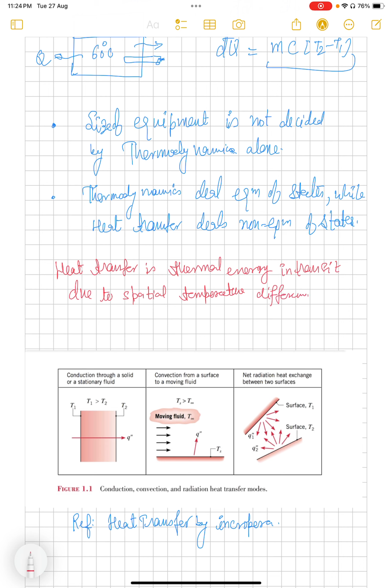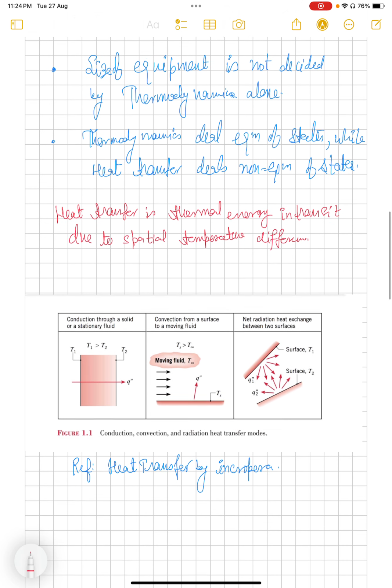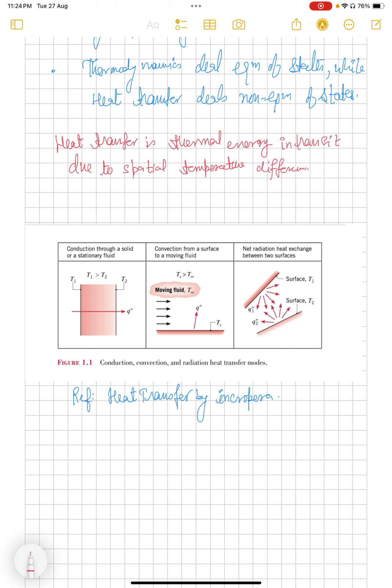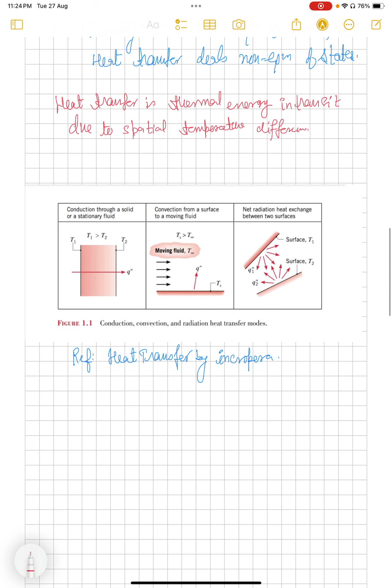So today we are going to study what the different modes of heat transfer are. As we can see in this figure, there are basically three modes of heat transfer.